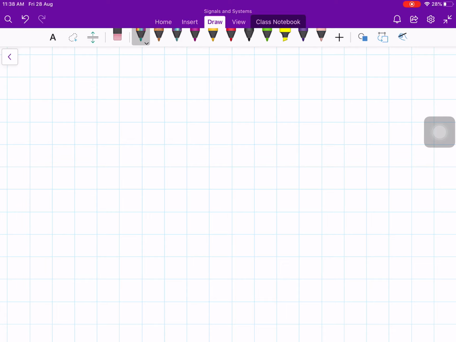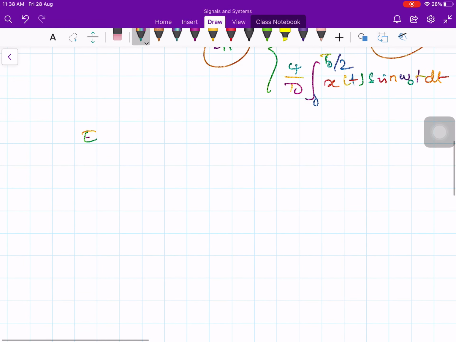Let's say example 5. So the waveform is given like this.